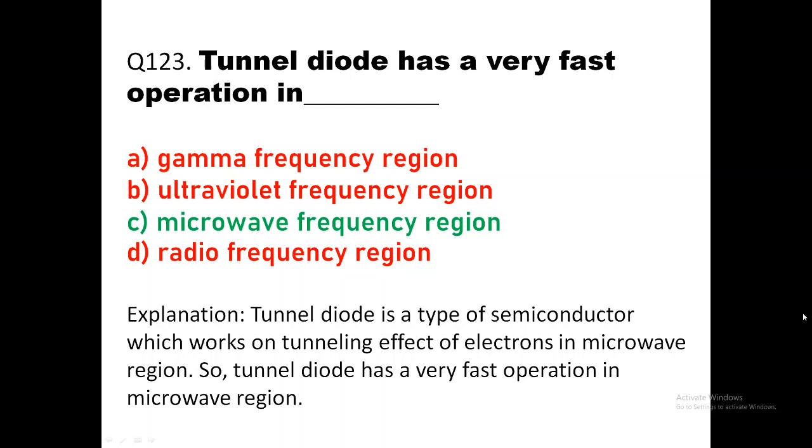Tunnel diode is a type of semiconductor which works on the tunneling effect of electrons. Tunneling effect means punching of electrons or electrons movement through the thin depletion layer. In microwave region only, in that frequency region it is used. So tunnel diode has a very fast operation in the microwave region. So it is used in the microwave frequency region.